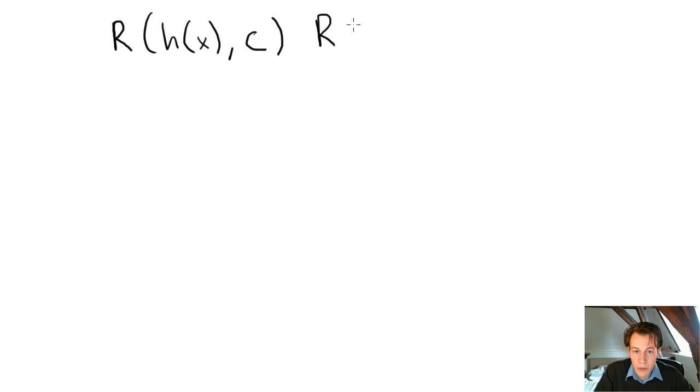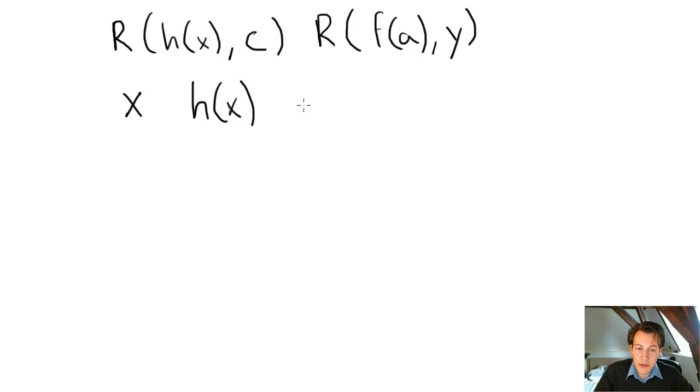Now I will give you an example where unification isn't possible. We have an R, we have h(x), and we have a c over here, and we have an R, we have f(a), we have a y over here. There is no substitution for x that can make h(x) and f(a) equal each other, because the h won't change over here.